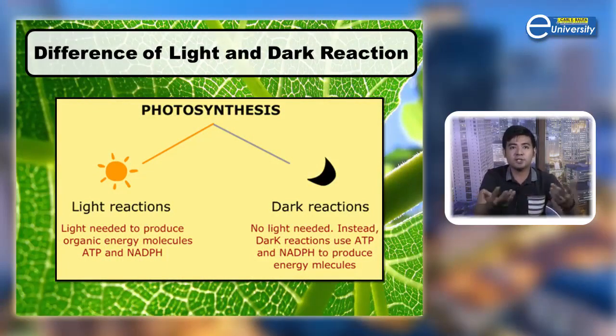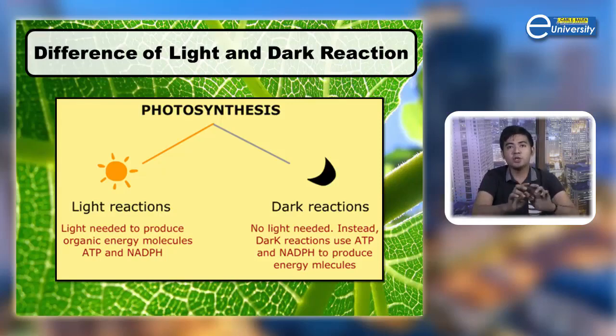When we say light reaction, of course, the light is needed to produce organic energy molecules such as the ATP and the NADPH. ATP and the NADPH are the products of light reaction, which are further used in the next process called the dark reaction, also called the Calvin cycle, also called the light independent reaction.